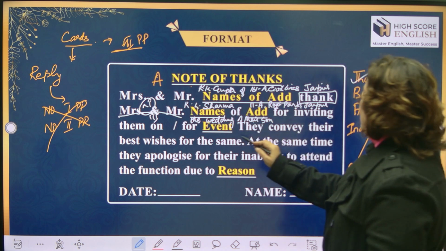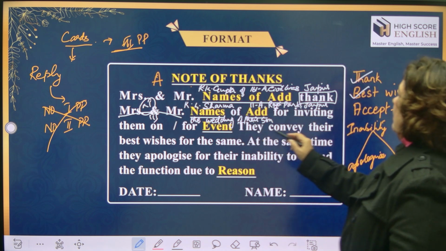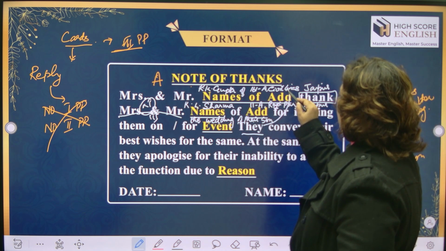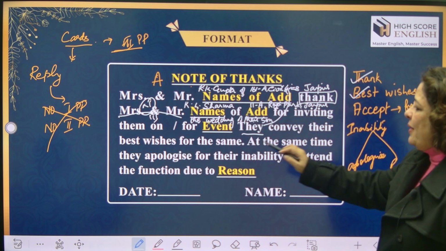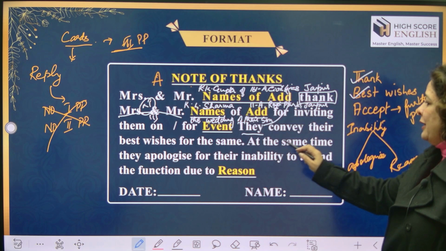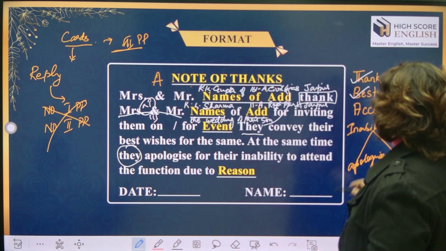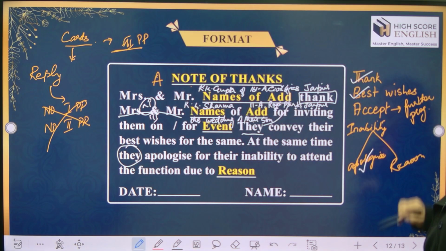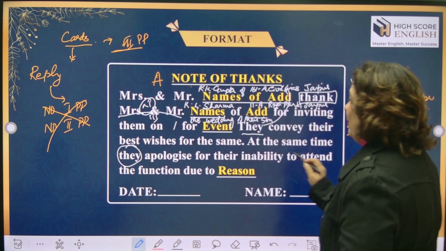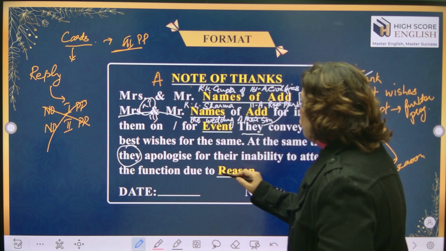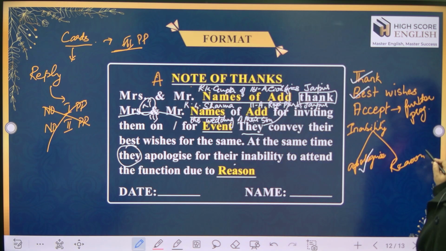That is why there is going to come here: they convey their best wishes for the same. At the same time, they, third person pronoun, apologize for their inability to attend the function due to. And here you are going to put a reason.